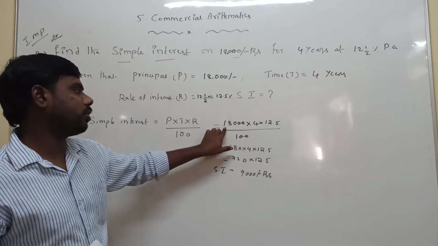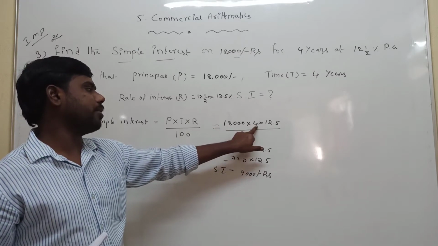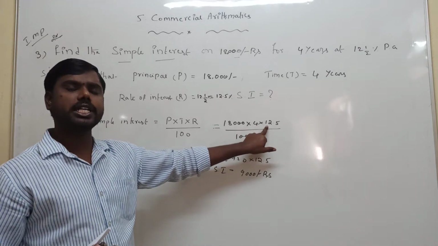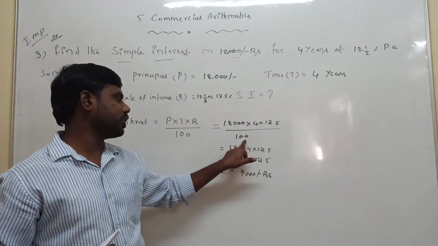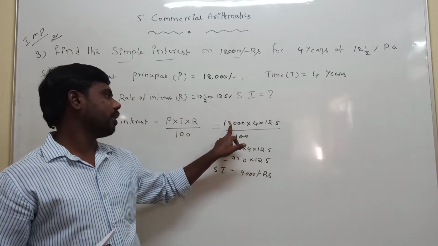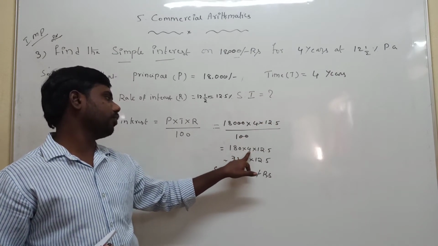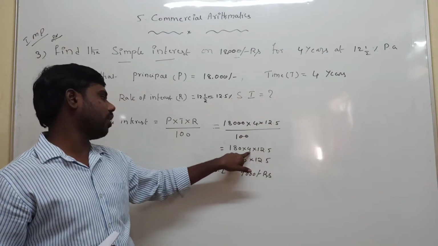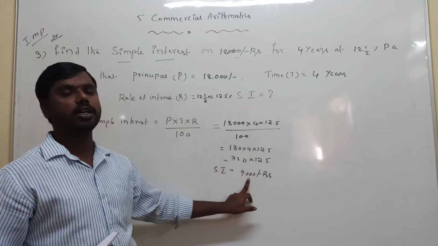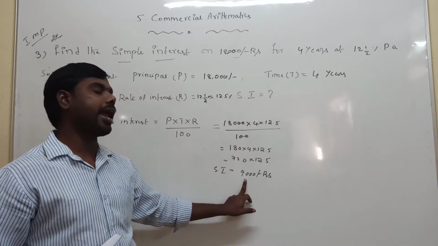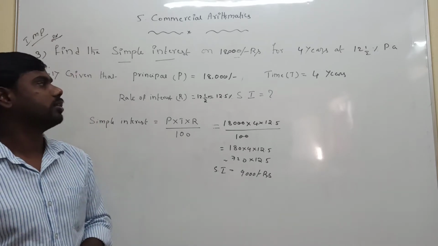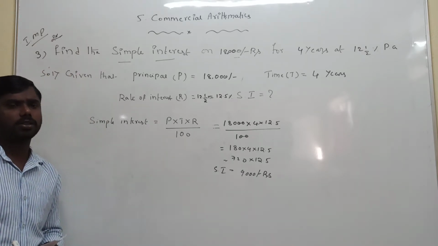Principal amount is 18,000, time is 4 years, and rate of interest is 12.5 divided by 100. These 2 zeros get cancelled. The remaining value is 180 into 4 into 12.5, the product of all three values. Finally we get the simple interest per year as 9,000 rupees. So everyone understood? Is it clear?